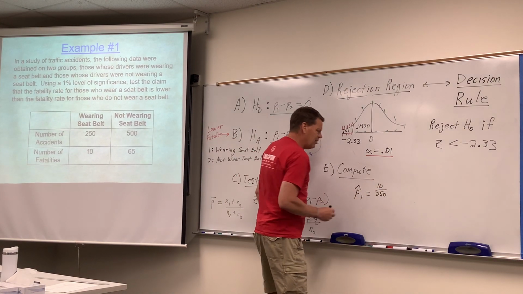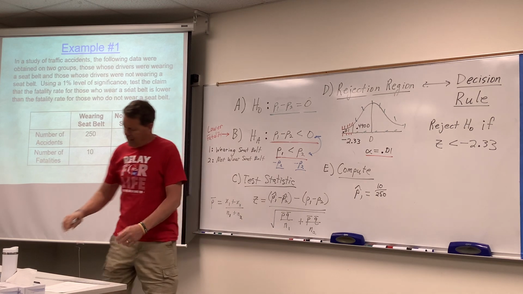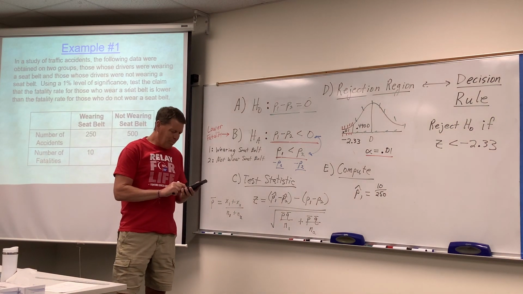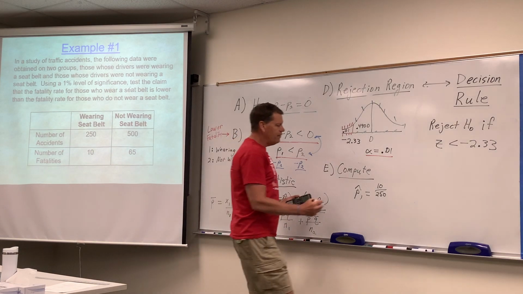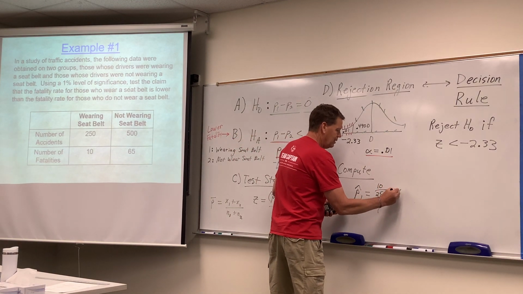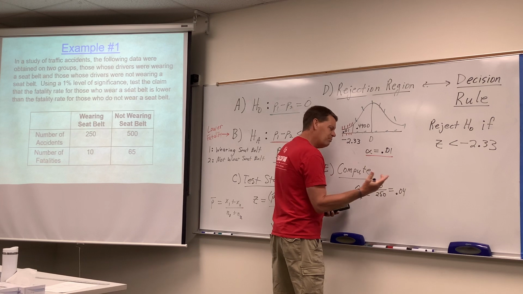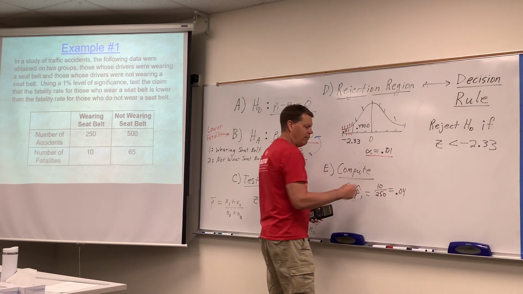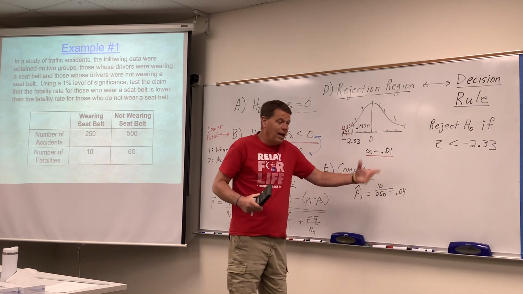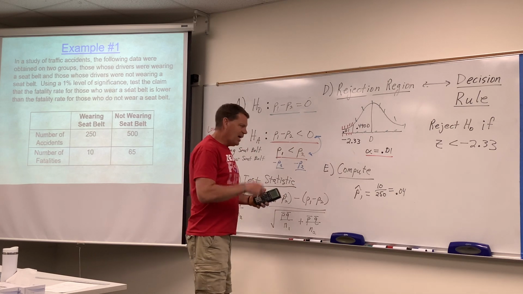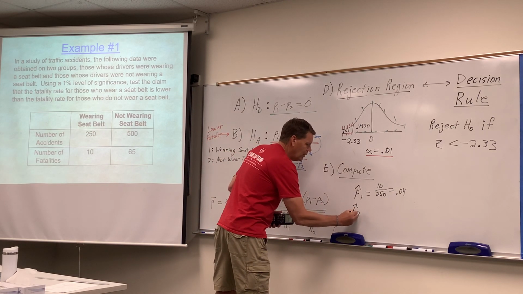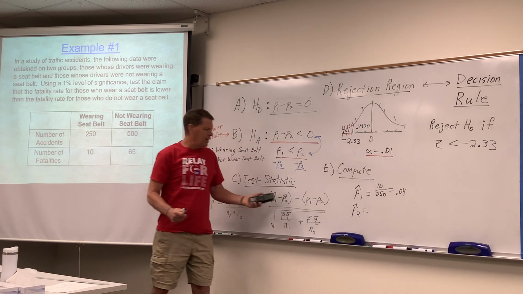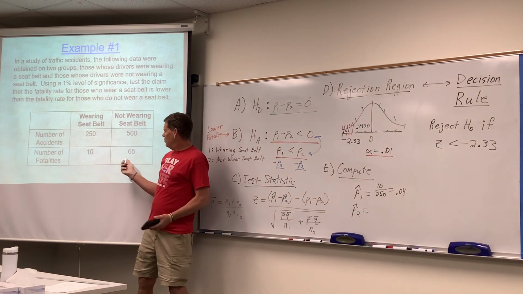I can't guarantee you that these will divide out nicely every time. I believe on some of the questions I made them divide out very nicely. That is a 4% fatality rate. We'll talk later. I'm pretty sure I have an example later where it doesn't divide nicely, and if it doesn't, we'll leave it in fraction form. Okay, but I conjured up the numbers here to make them work nicely. P hat 2, that would be the sample data from people who did not wear seat belts.